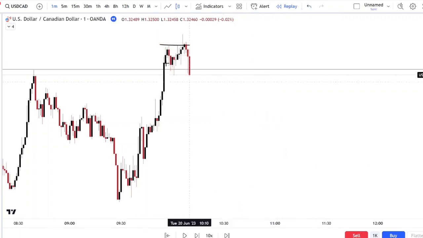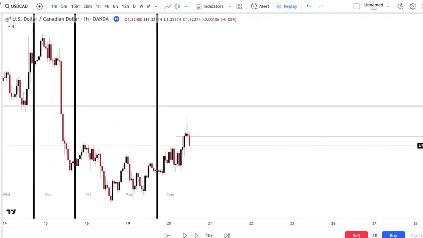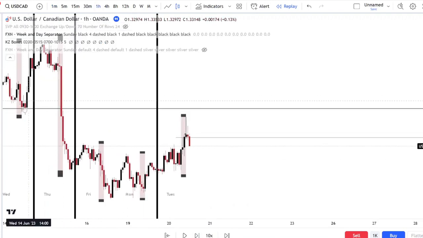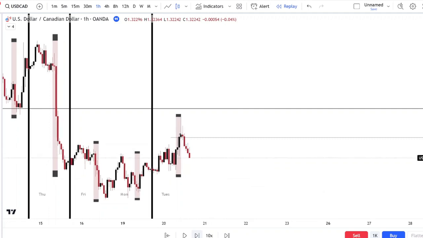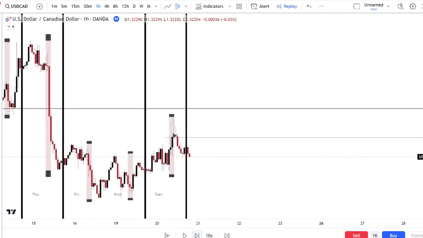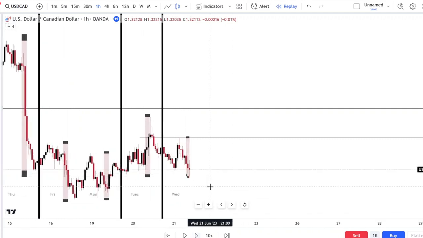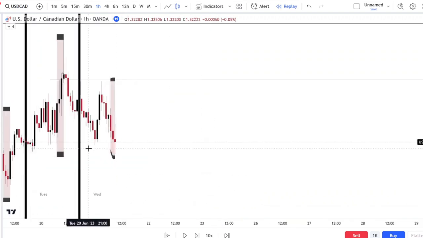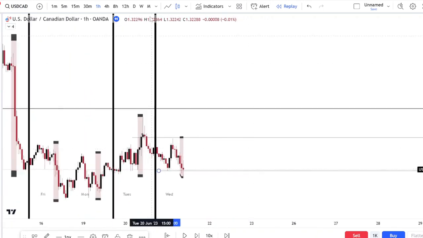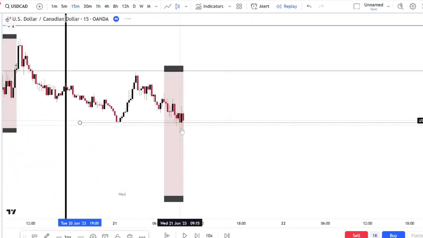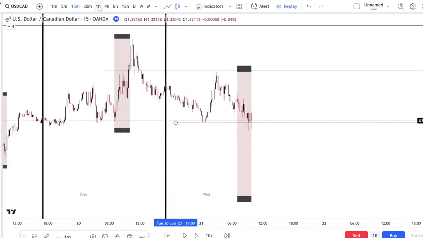So let's play price out. And that was the high of the day. Price did sink for the rest of the time. I don't see a reason to take price long as far as the macro goes, but the lower time frame setup does look good.